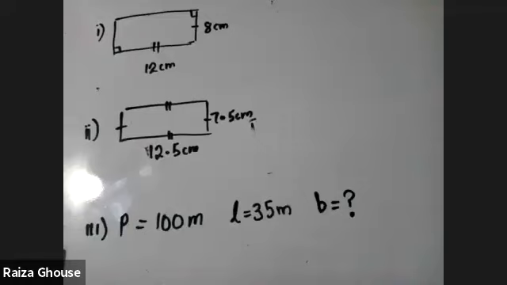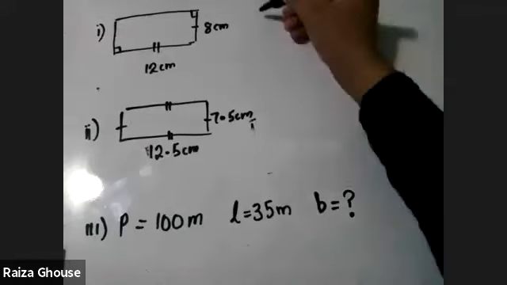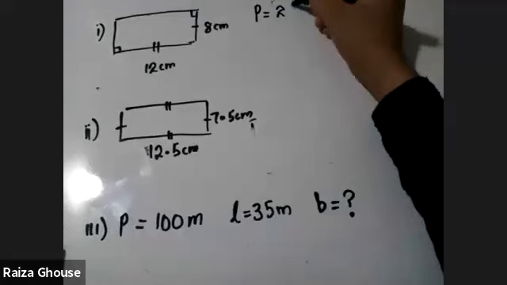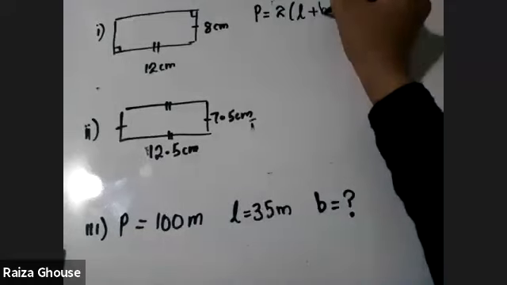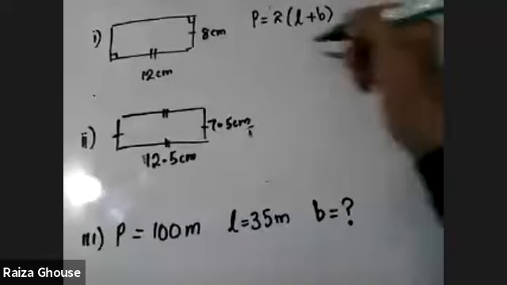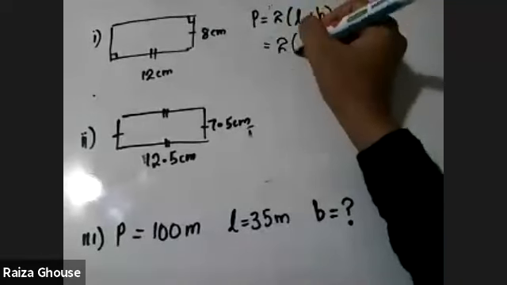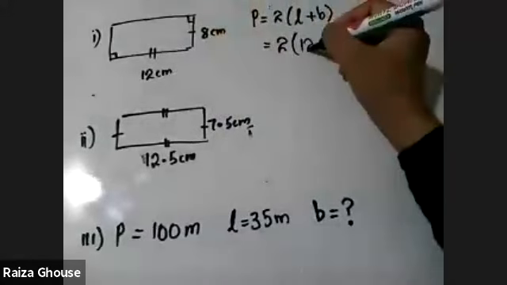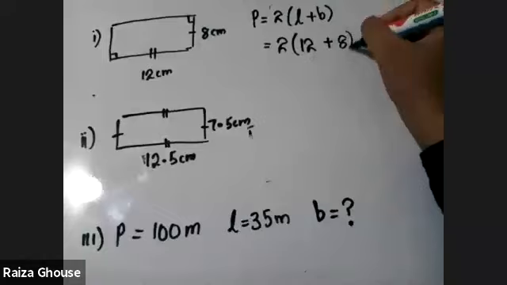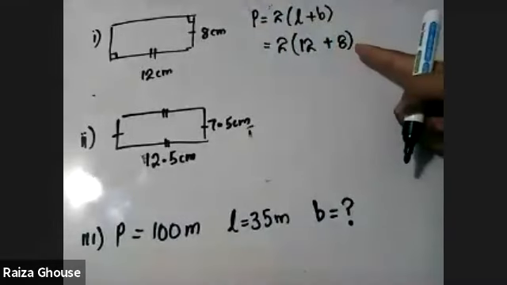Okay, done. Very good. Now listen. First one's perimeter. I can directly use the equation because I know the equation. 2 into length plus breadth. Definitely, you have to write the equation. You are given marks for those things. Now 2 outside common. Length is given 12 centimeter. Breadth is given 8 centimeter. I have no worries because the units are the same.